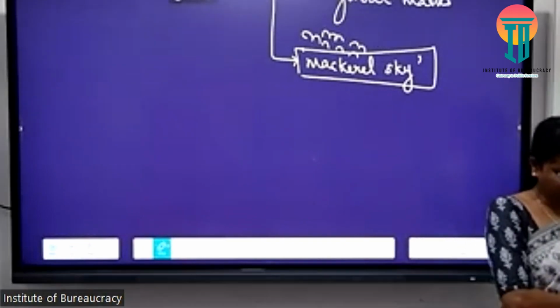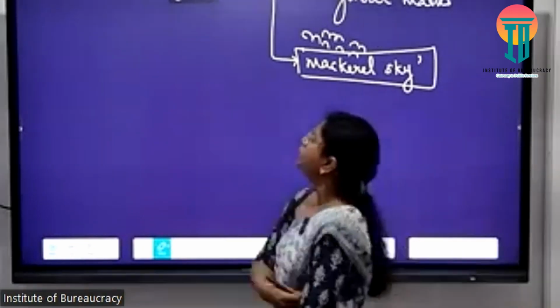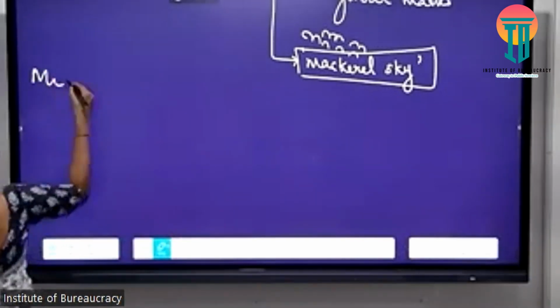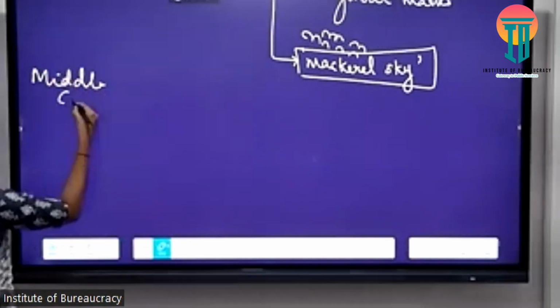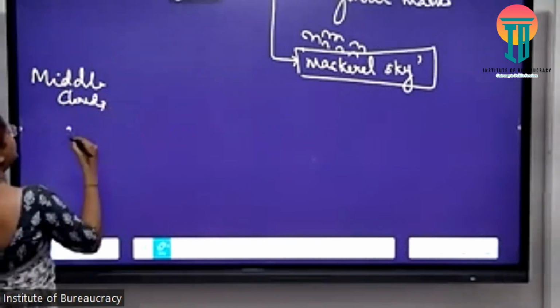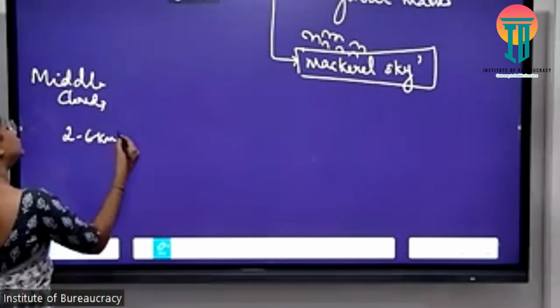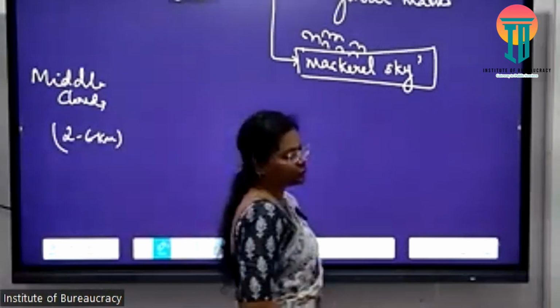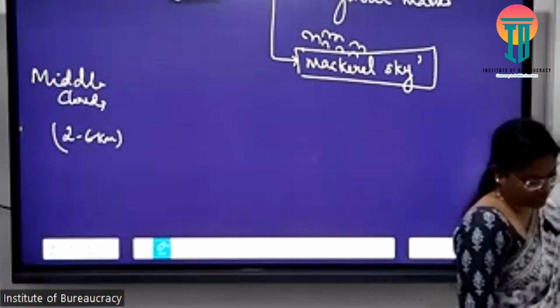Next one is your middle clouds, at a distance of 2 to 6 kilometers. Subtypes: the first one is your altocumulus, AC.